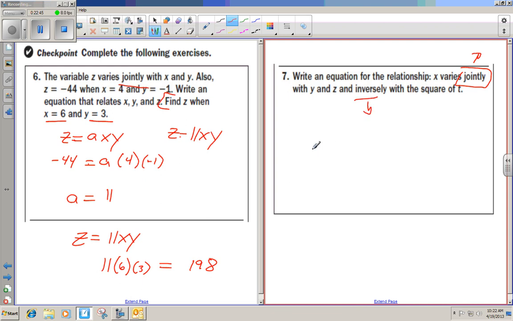So we have that x varies jointly with y and z, and inversely, so denominator, with the square of t. This is your equation. Whatever is inversely is in the denominator. Whatever is jointly is in the numerator.